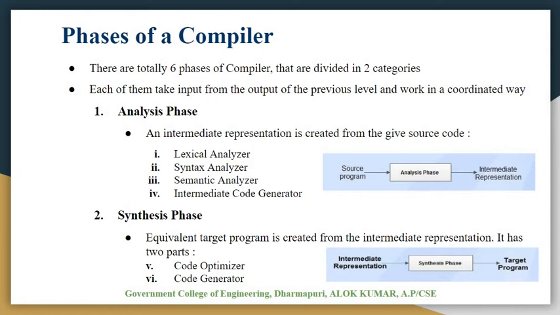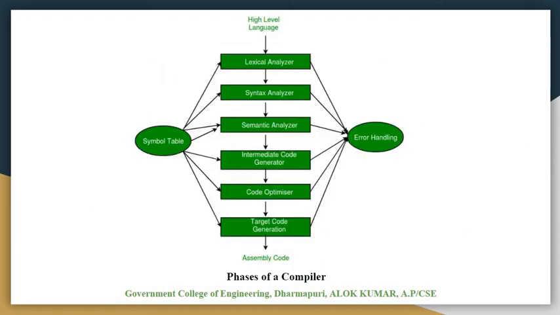In this one, the equivalent target program is created from the intermediate representation, and in this there are 2 phases: first is the code optimizer and next is the code generator. So from this diagram you can see the synthesis phase takes the intermediate representation as input and converts it into the target program.